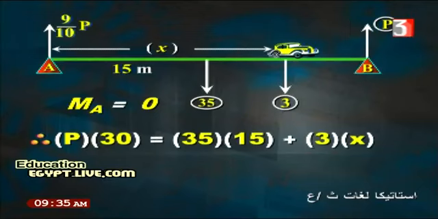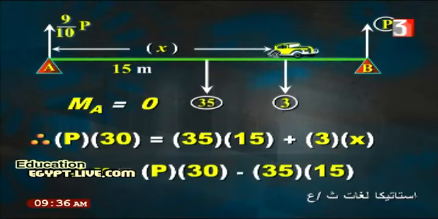My dear student, we deduce that B times 30, the distance between A and B, equals 35 times 15 plus 3 times X. Remember, we can calculate the distance between the car and the point A by using substitution about B.